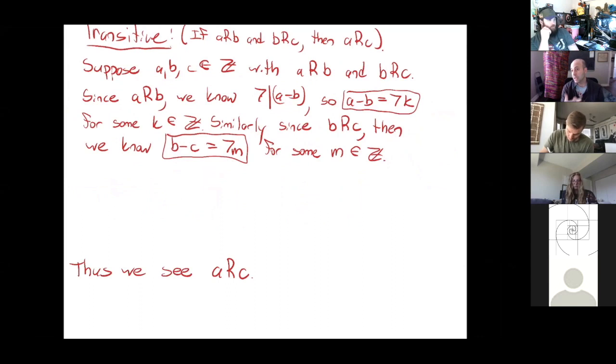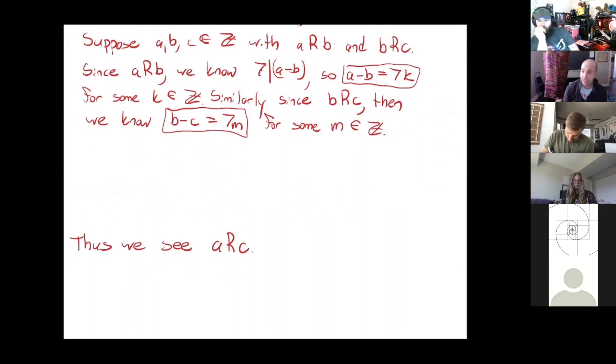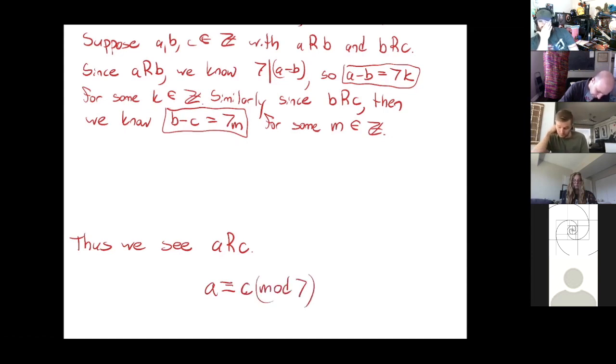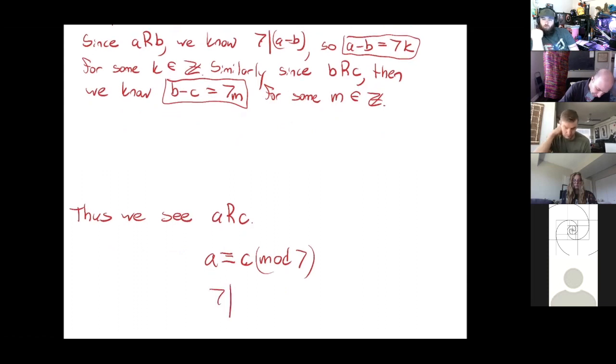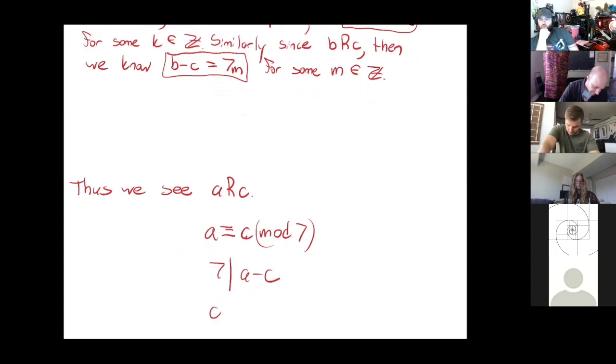Okay, and again, just keep in mind what we're trying to prove. We're trying to prove that A is related to C. So just to do some scratch work on the bottom, that means we would want to show that A is related to C mod 7, which means we would want to show that 7 divides A minus C. So if I can show that A minus C is a multiple of 7, then we're good.